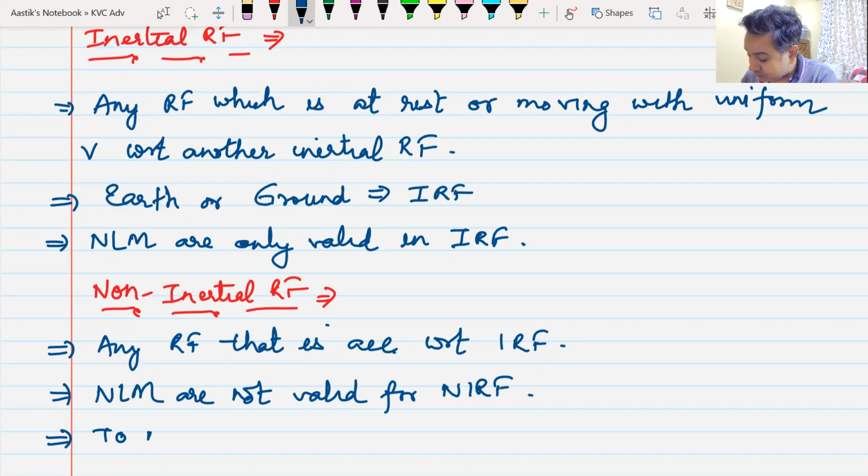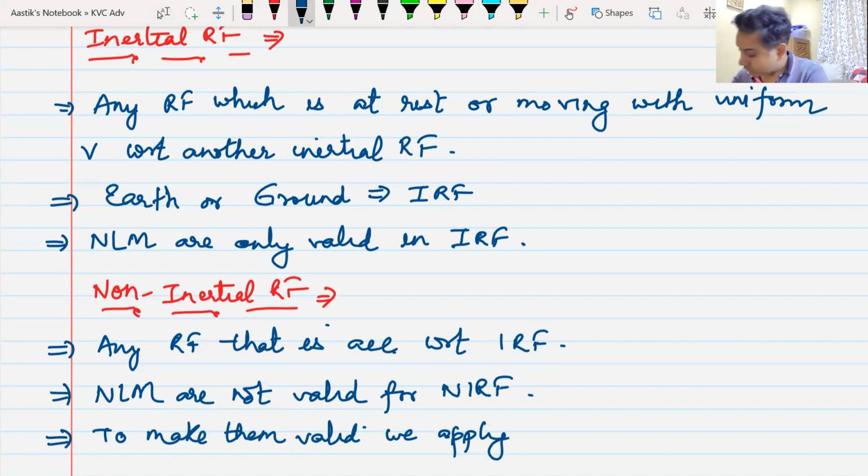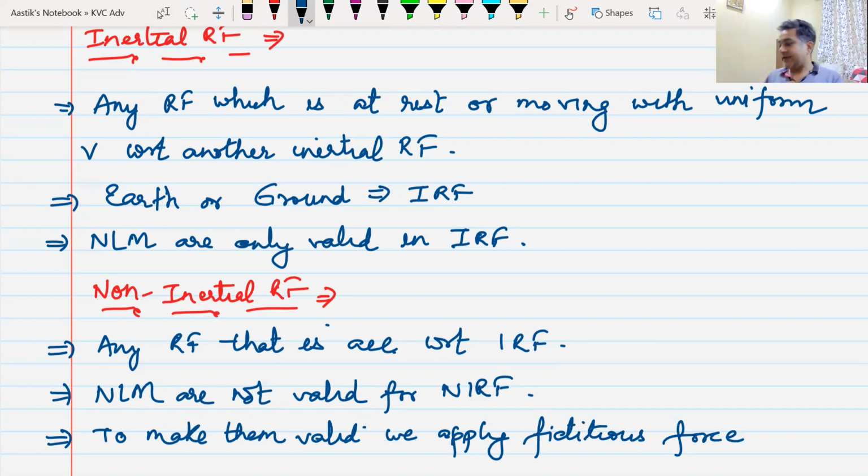To make them valid, we apply a fictitious force, to make Newton's laws valid in this frame, in which they are not valid.